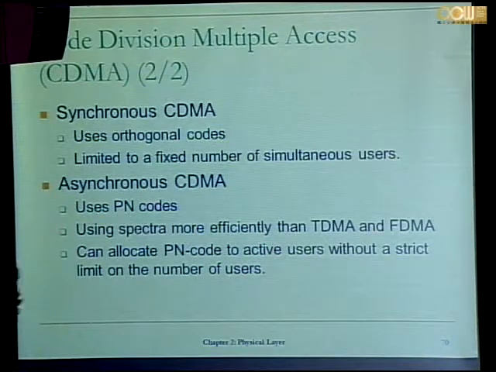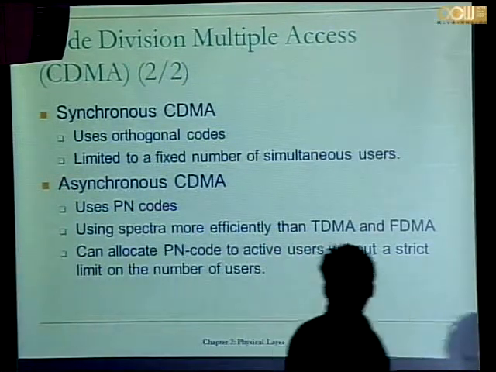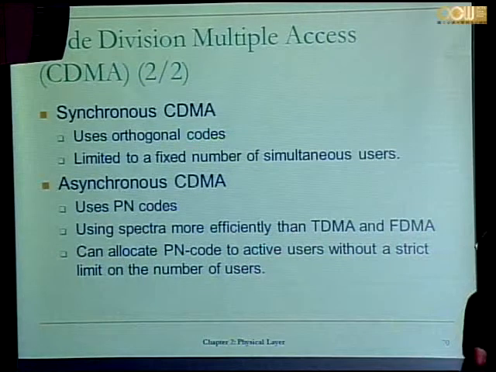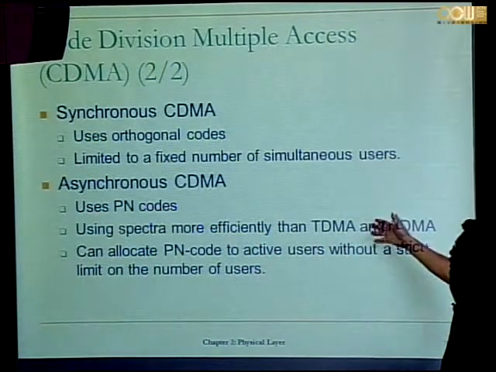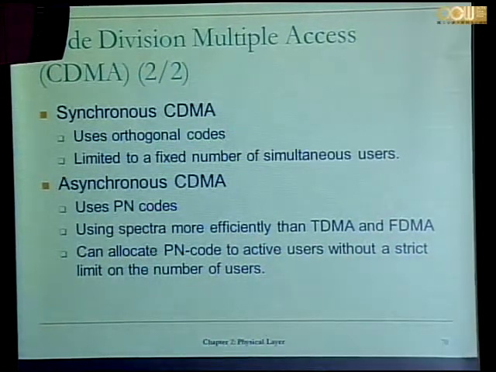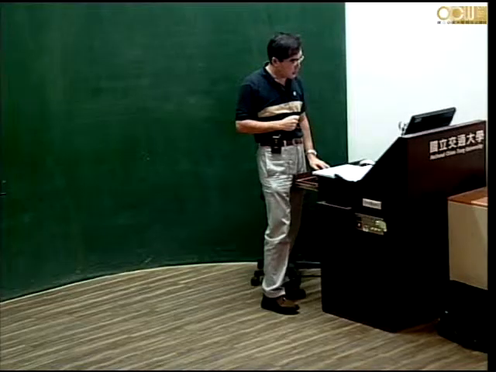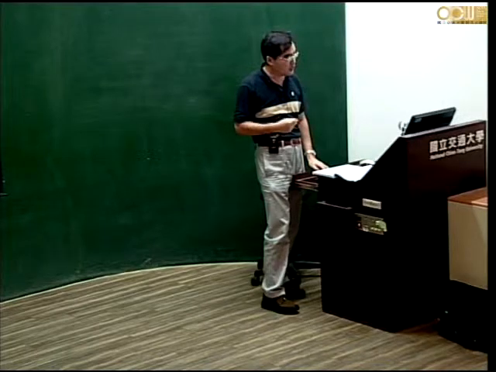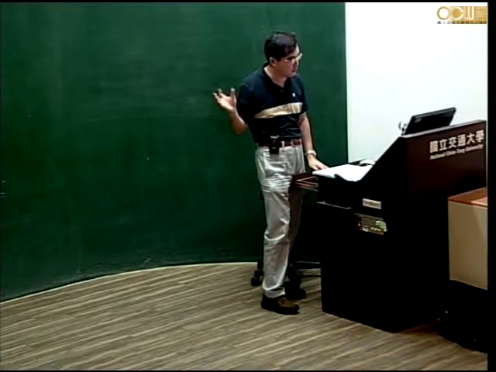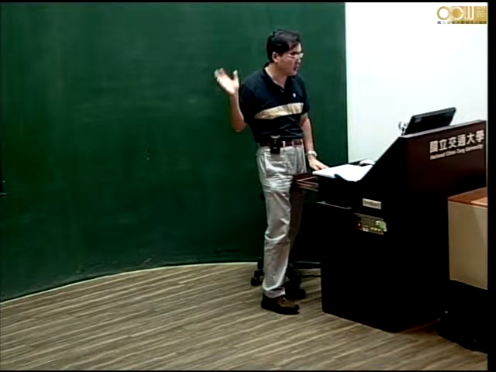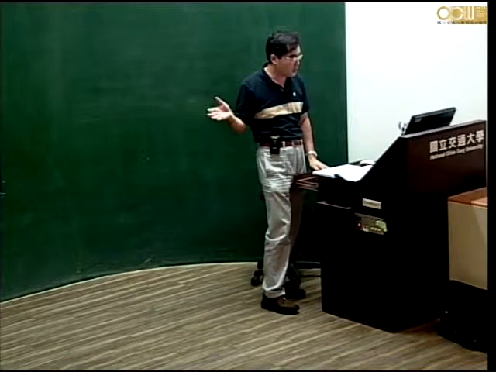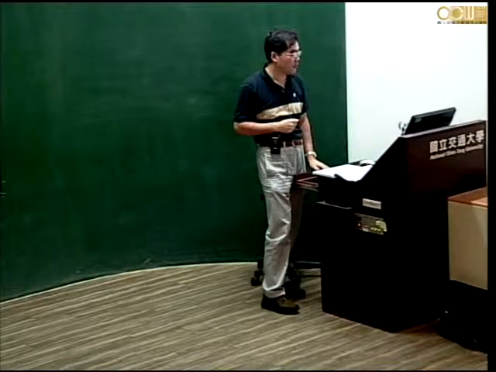You can be in the middle. Okay, so this is a preferred choice for many schemes. Direct sequence spread spectrum belongs here to asynchronous, frequency hopping spread spectrum too, and also asynchronous CDMA.